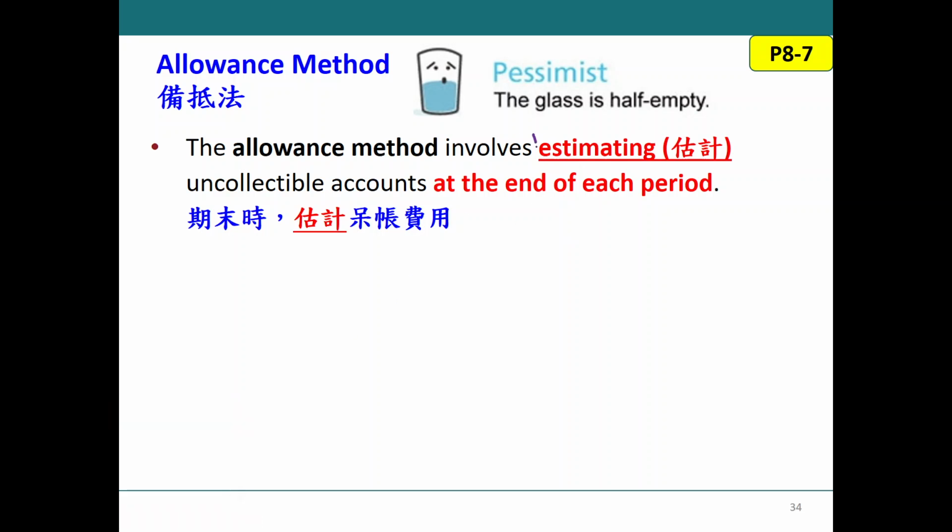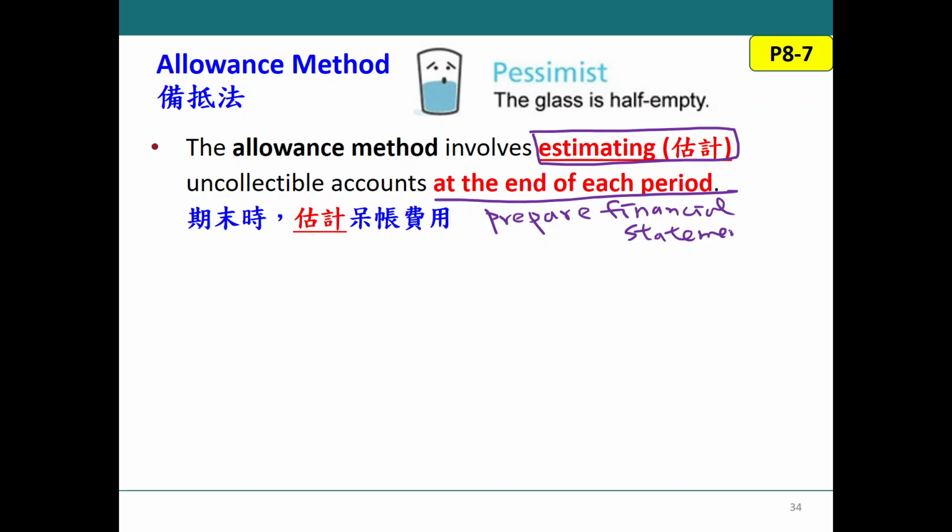It's only our estimate, our expectation. So when? At the end of each period. Why? Because when we prepare financial statements, we want to tell users what happened. So on the last day of each period, we consider the risk because we want to provide the related information to users.